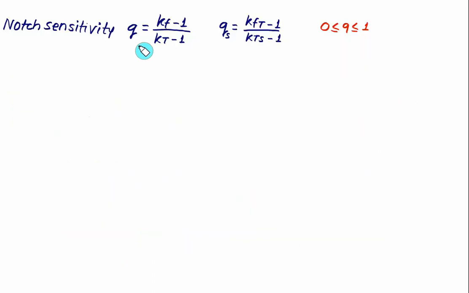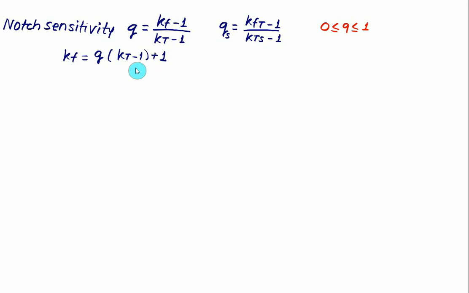If we solve the equation of notch sensitivity for Kf, the fatigue stress concentration factor for dynamic loading, with Kt the theoretical static stress concentration factor, we get Kf equal to Q into (Kt minus 1) plus 1.